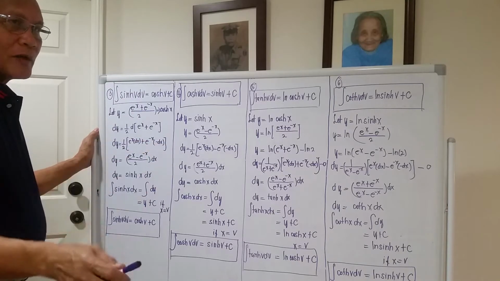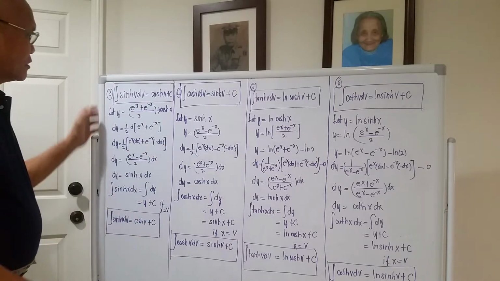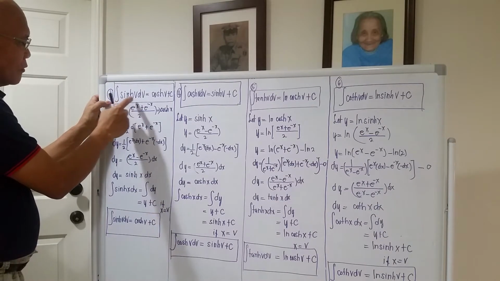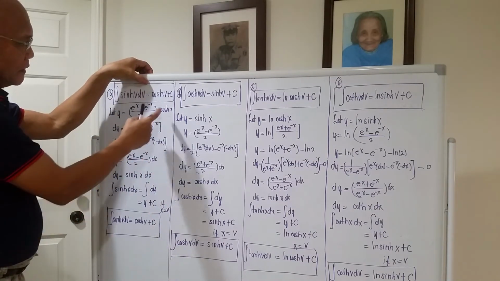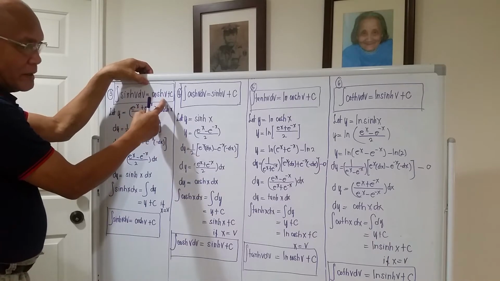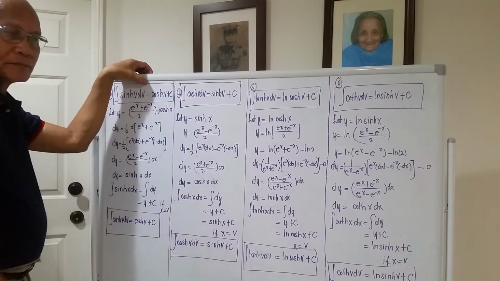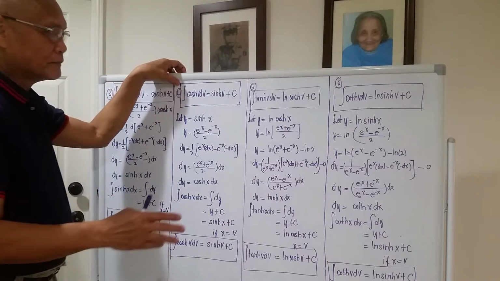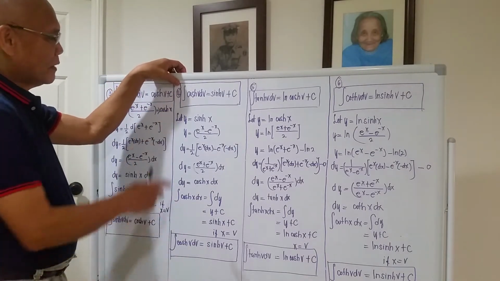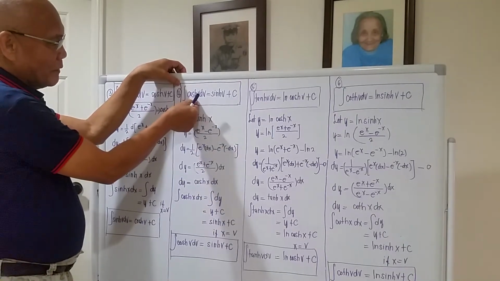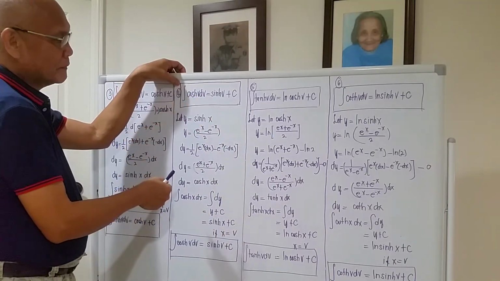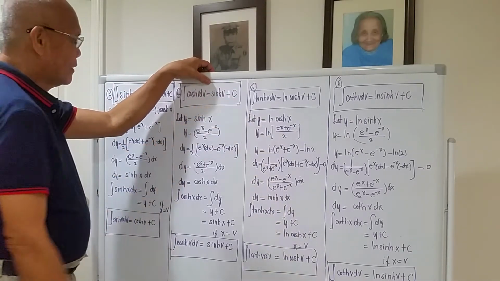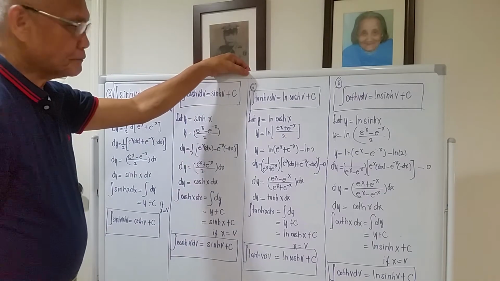The number 3 formula for the integration of hyperbolic function is this. The integral of hyperbolic sine of b db equal to hyperbolic cosine of b plus c. That's number 3. Number 4, later on I will give the derivation. Number 4, the integral of hyperbolic cosine of b db equal to hyperbolic sine of b plus c. That's number 4.